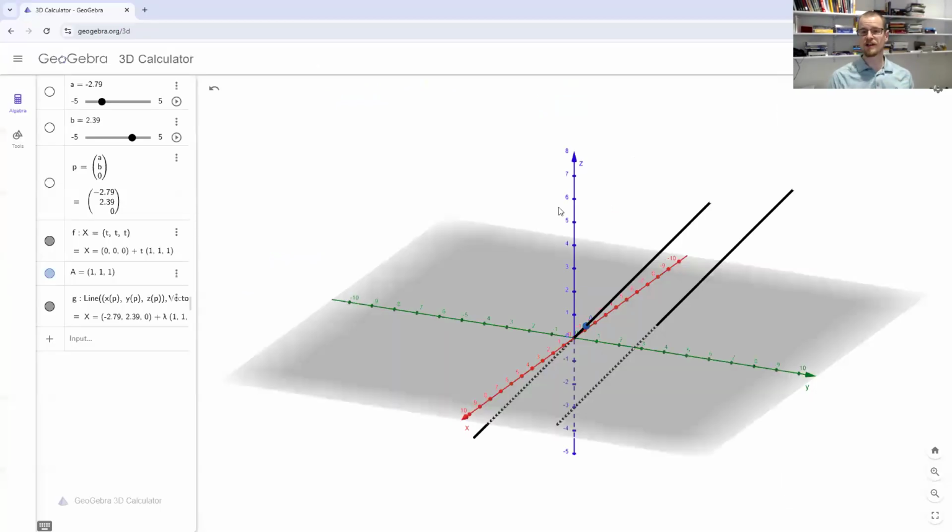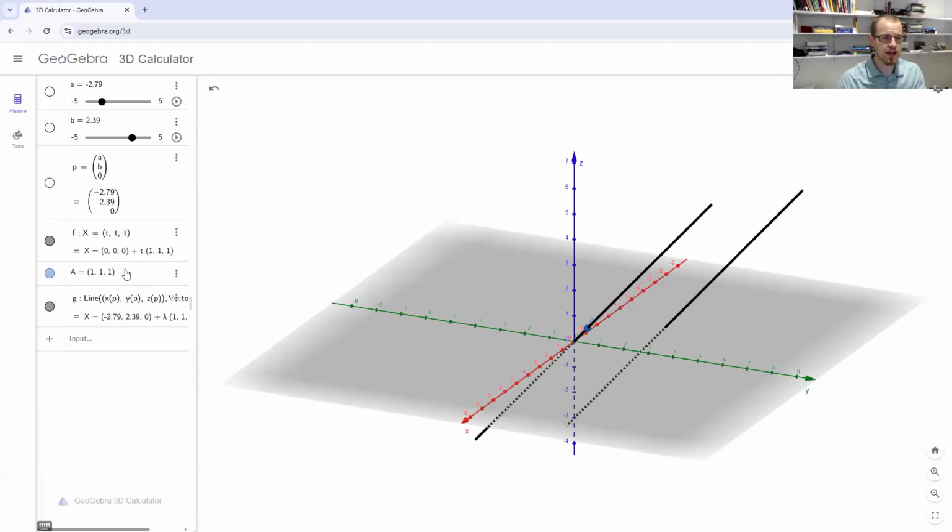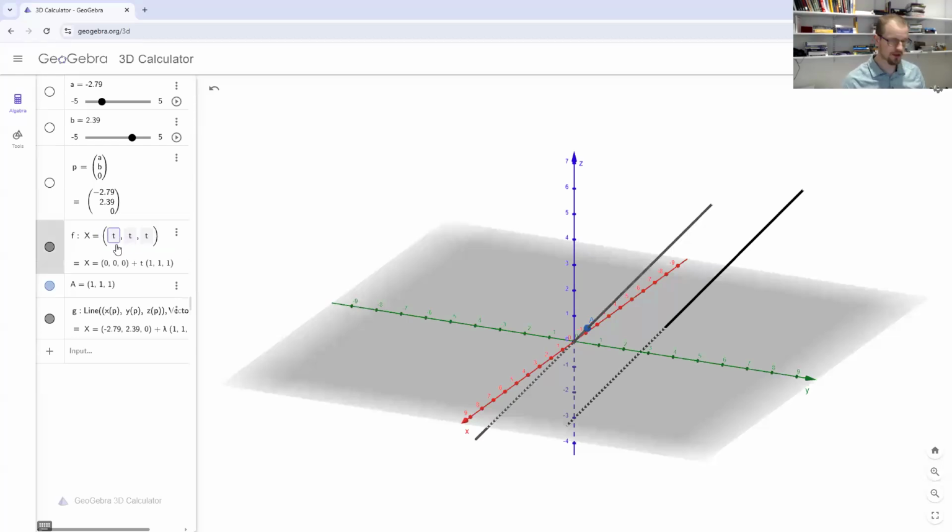If we look at that same figure, the same graphic that we did in the previous example, let's say I change the definition of my line here. Instead of t, t, t, I want 3t, 3t, and 3t.